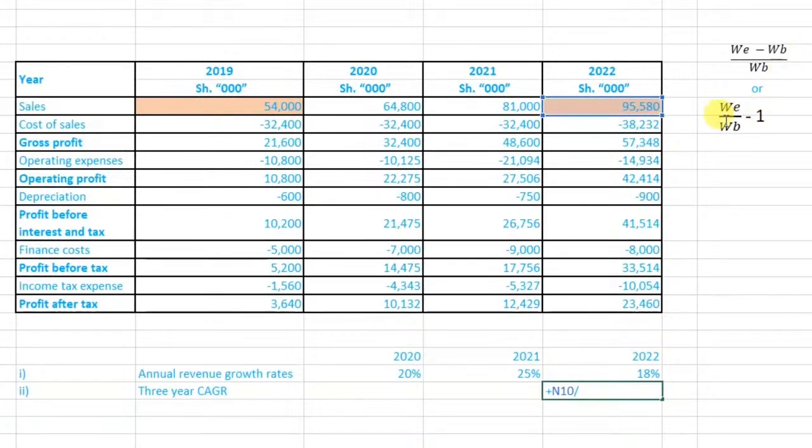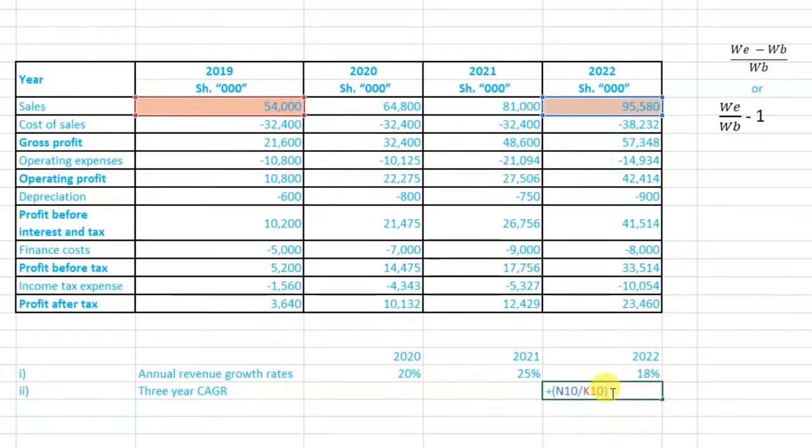We are applying a similar formula to that over here. We divide by the beginning value. We need to insert it in brackets so that we can ensure that the formula is complete. Then we raise it to how many years? Power. So power is, you press Shift and 6.